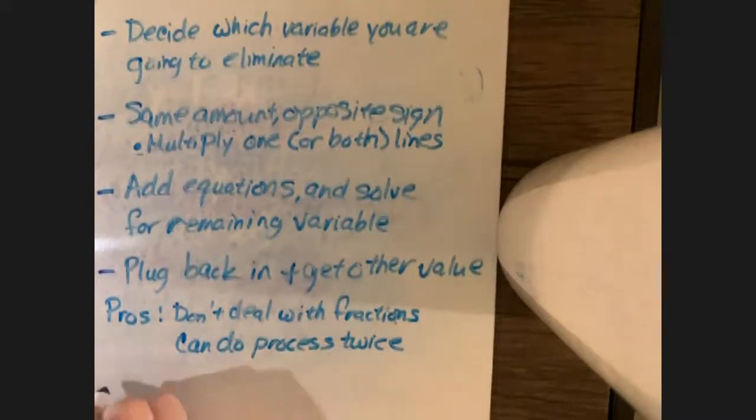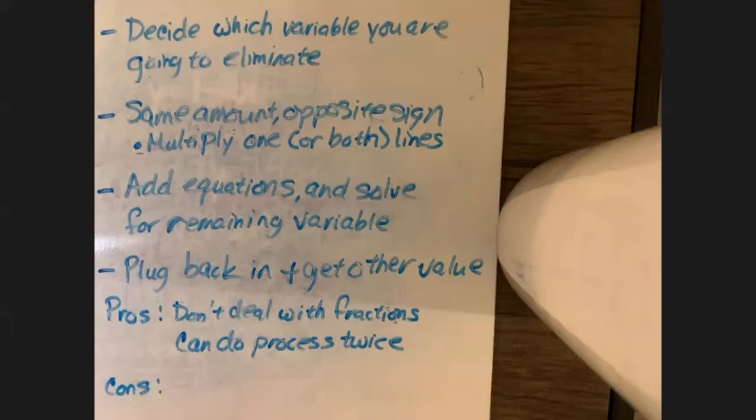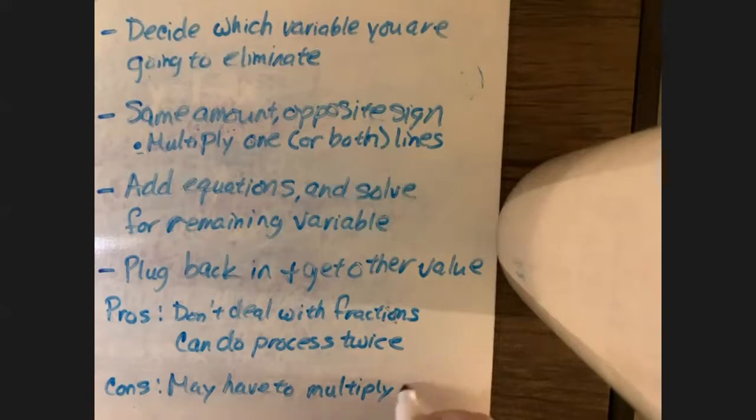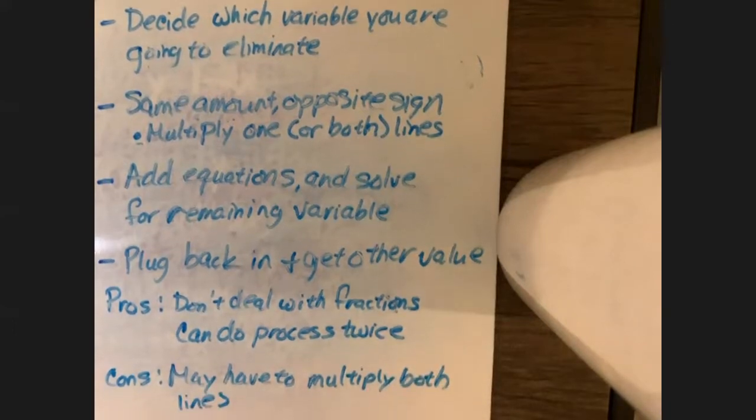So cons for this, and there's not a whole lot. You may have to multiply both lines. There may be some multiplication that has to happen, so you've got to do a little bit more multiplying for the setup, but it's not really a big con.